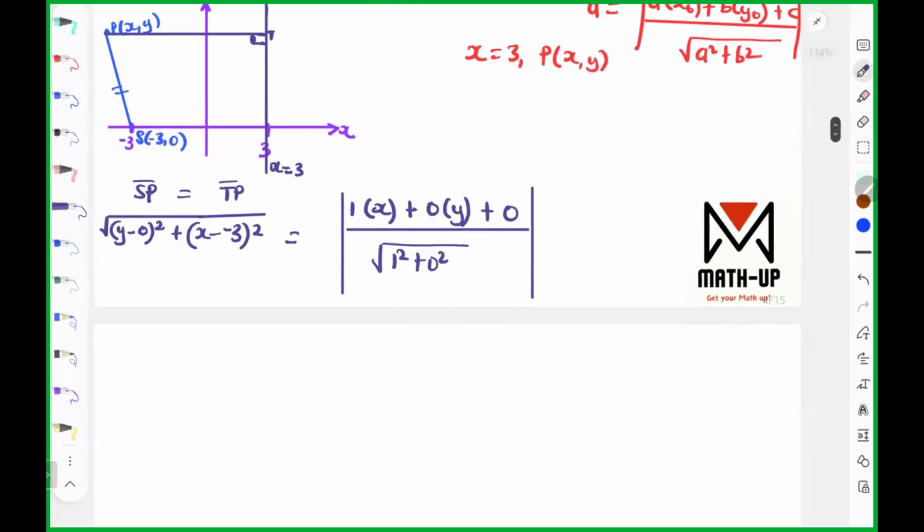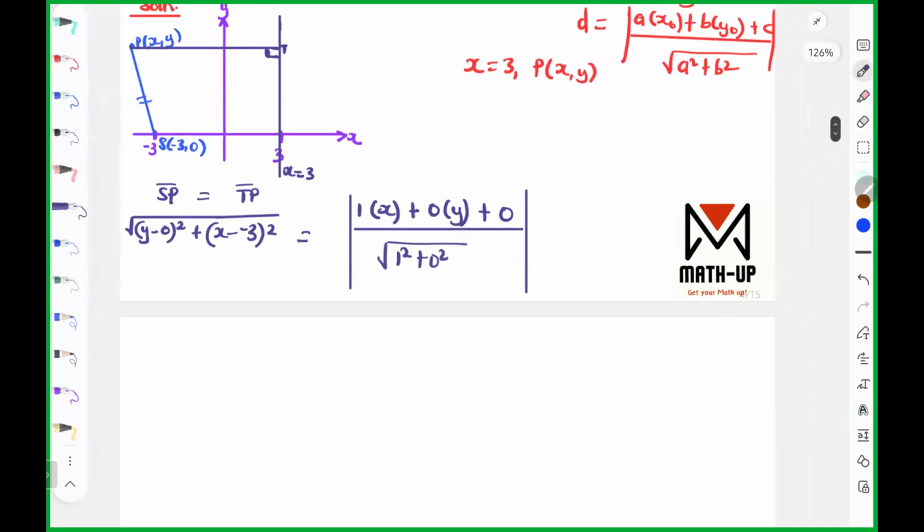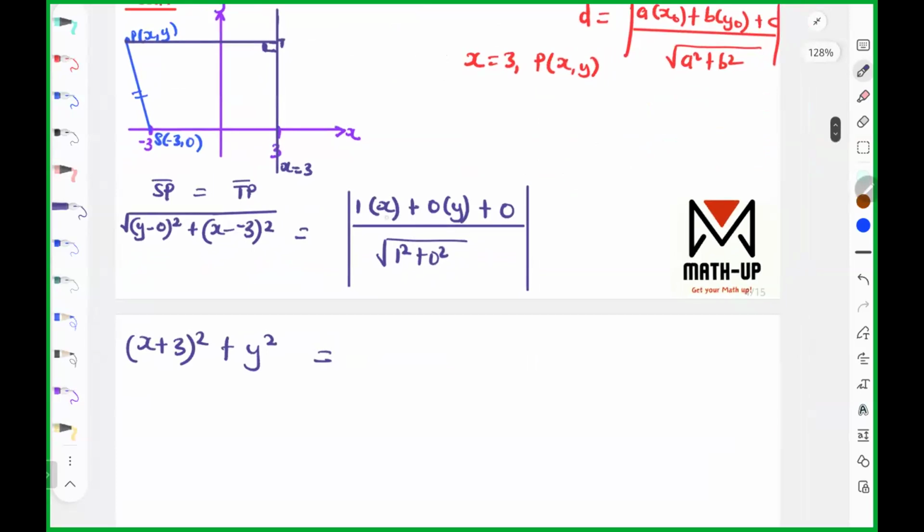So I'll square both sides to get rid of this square root, and I'll have (x plus 3) squared plus y squared is equal to, when I simplify this, 1 times x, I'll have x, then 0 times y is 0, plus 0.